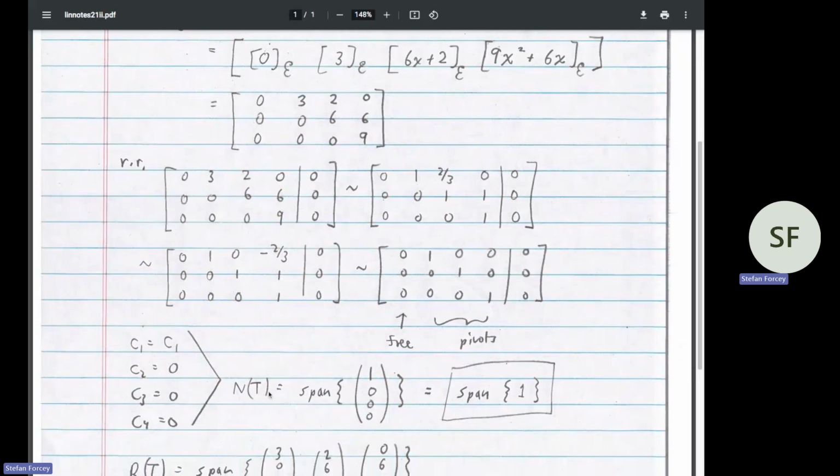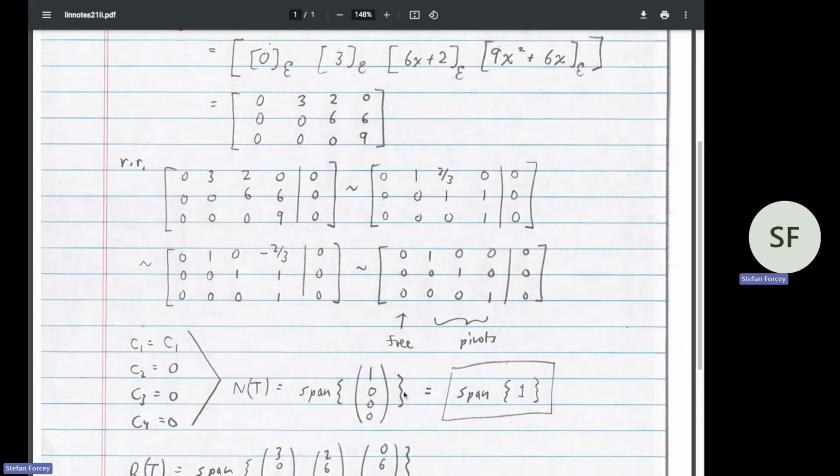So that's the null space of T. So it's the span of, written as a vector, C1, C2, C3, and C4 equal to C1 times 1, 0, 0, 0. So the span of 1, 0, 0, 0.